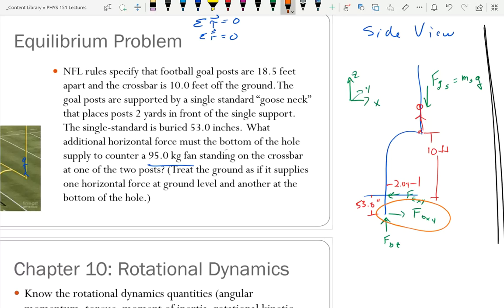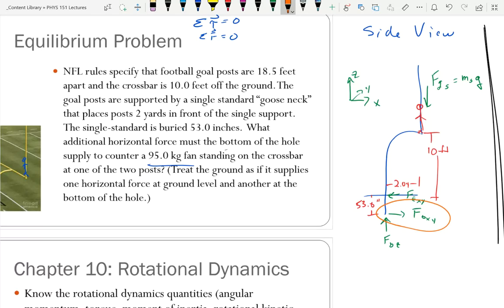So what forces do I not know? Which one? Okay, I don't know the force of the earth. I also don't know, of course, the one I circled because I'm looking for that. And I don't know the Y or the Z component of it either.